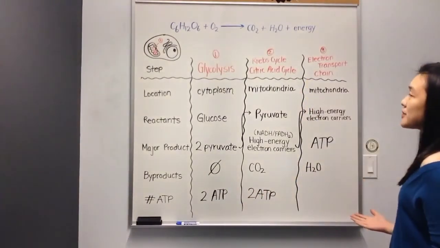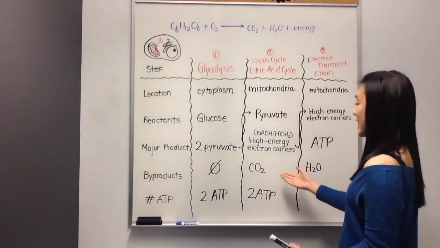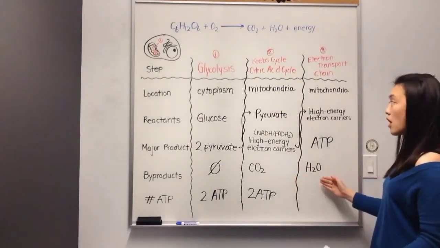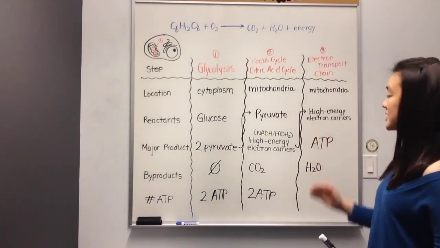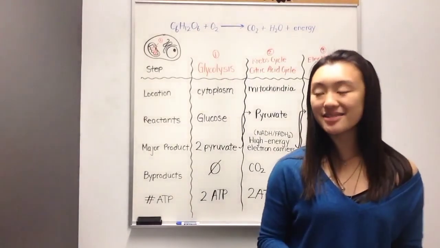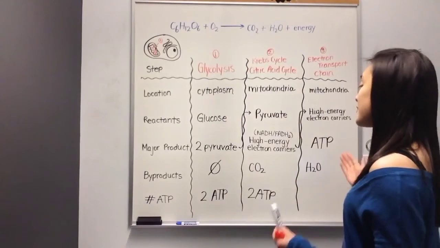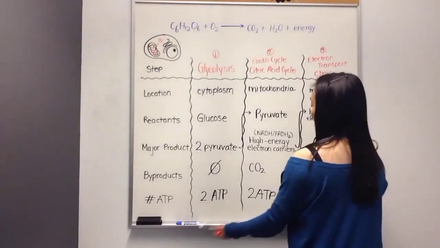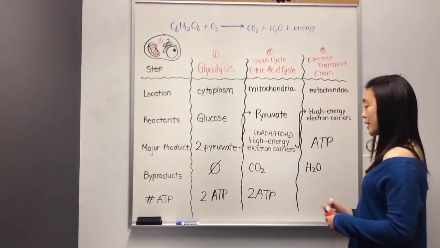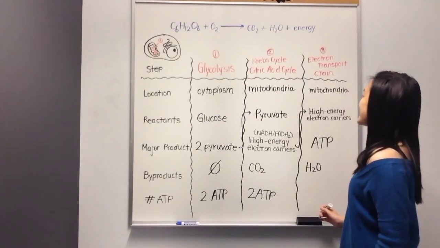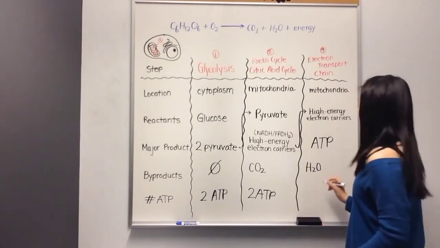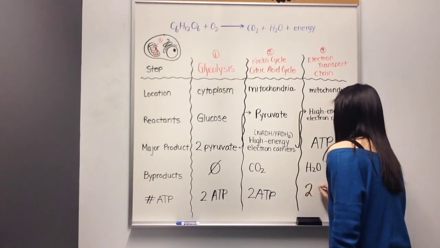So whenever we perform cellular respiration, we are exhaling carbon dioxide and water, which come from the Krebs cycle and the ETC. Most importantly, the number of ATP that we produce in this final step clearly outweighs the ATP that we produced before. During the electron transport chain, we produce an amazing 28 molecules of ATP.